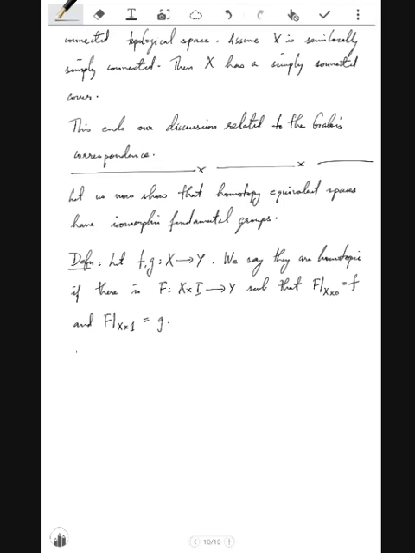So homotopy is an equivalence relation. This is easily checked. And given such an F, we shall denote F sub t to be F restricted to X cross t.